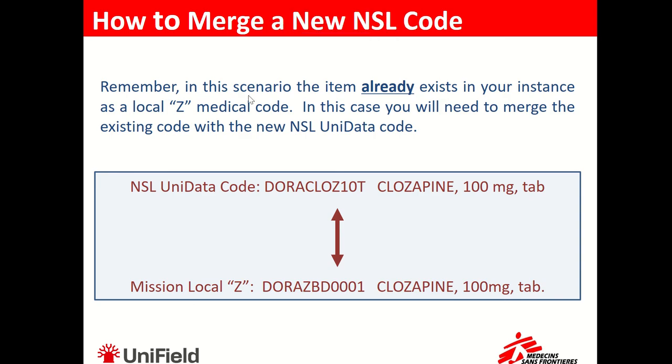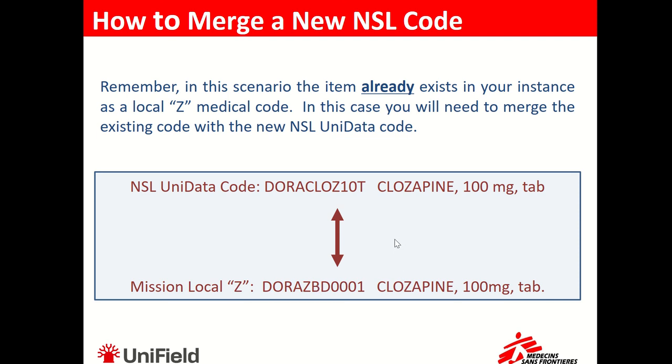So remember, the scenario I just demonstrated is when the item already exists in your instance as a local Z medical code. That's when you need to use the merge function to combine the new code coming from HQ, from the Unidata database, and merge it with your existing Z code in the mission.